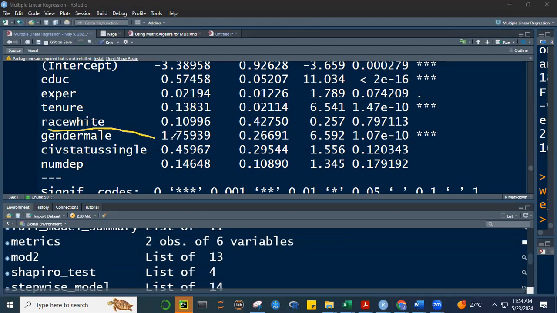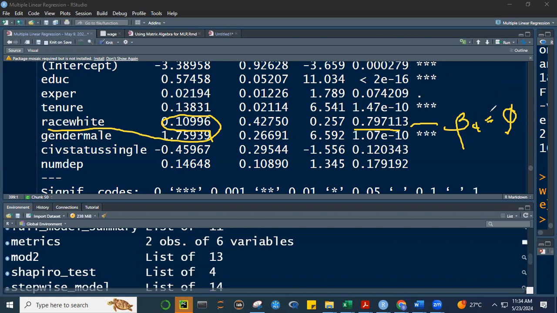Okay, race white. So what does this mean? Assuming that it's not significant, the null hypothesis is that beta 4 is equal to 0, and the p-value is 0.8. So we fail to reject the null hypothesis.